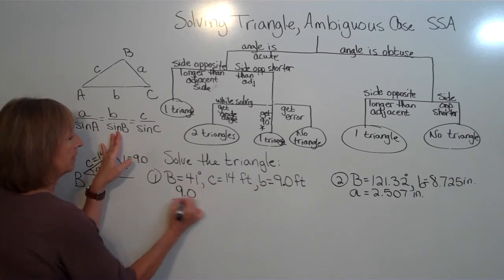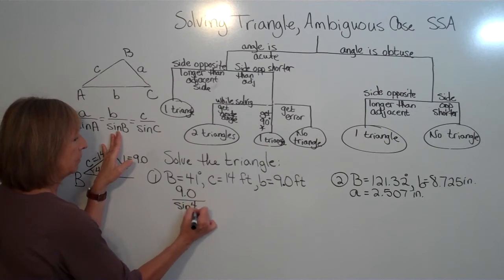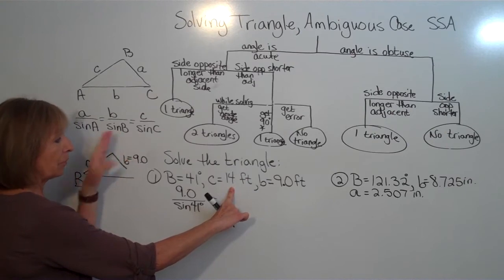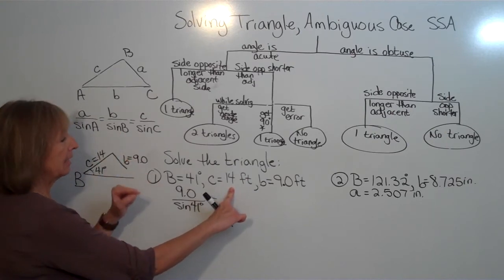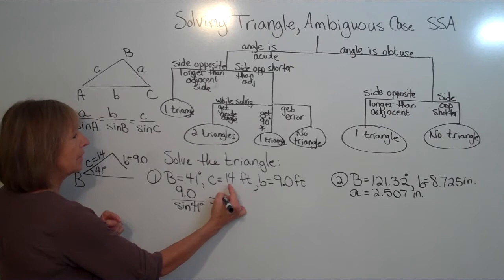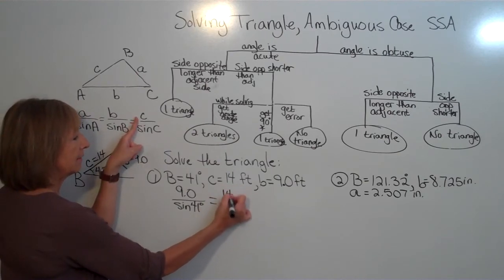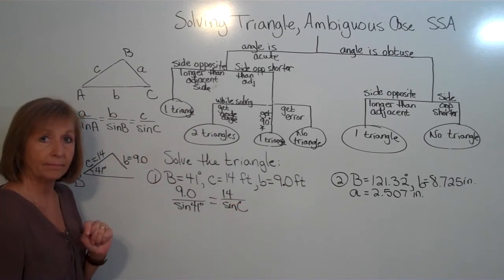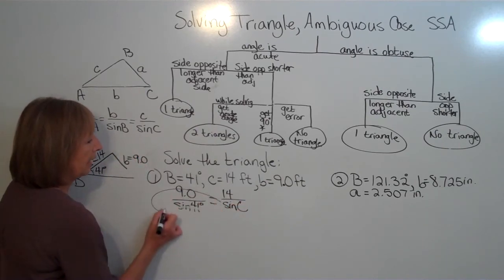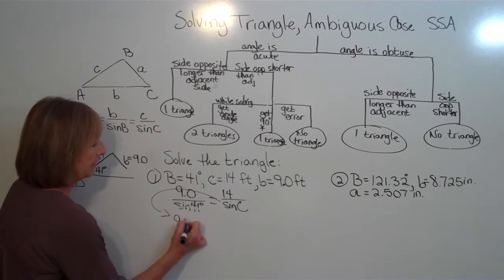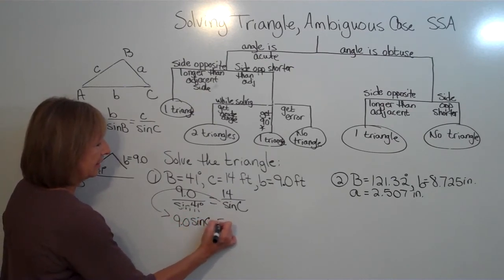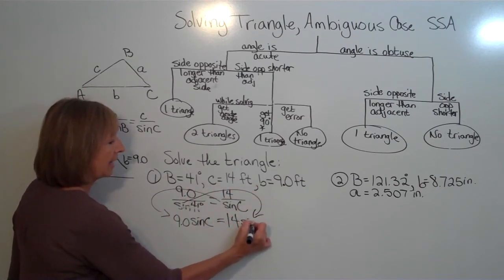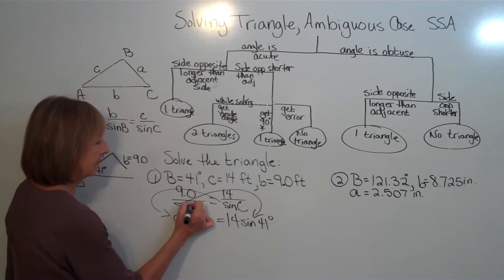So 9.0 is to the sine of 41 degrees, as I have side C, so my first thing I would go after is angle C, as C, which is 14, is to the sine of angle C. Now we're going to cross multiply, so 9.0 times the sine of C is equal to 14 times the sine of 41 degrees.